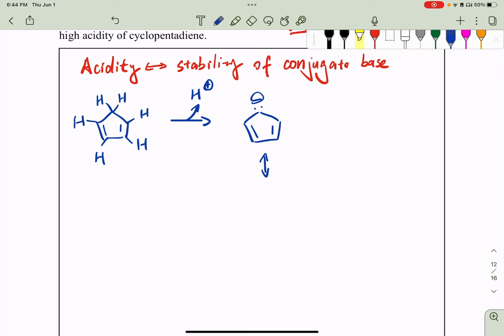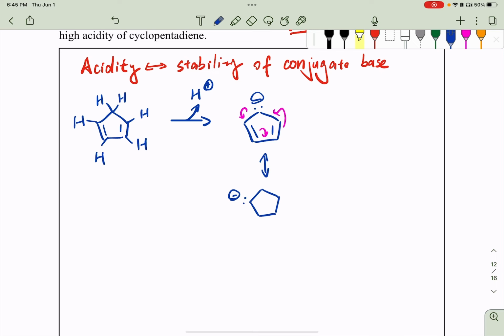So let's draw it out. There are several different ways to do it, depending on if you want to show the arrow pushing or not. I'm showing it just to demonstrate how it's done. But according to our new rubric, even if you do not show the arrow pushing, that's correct as well.